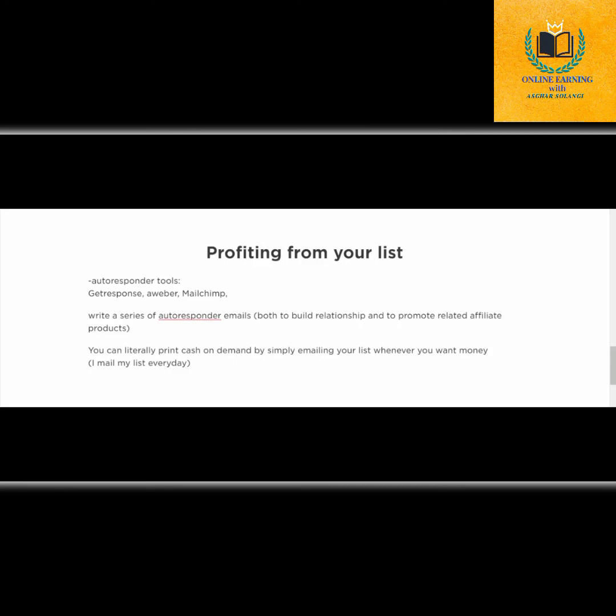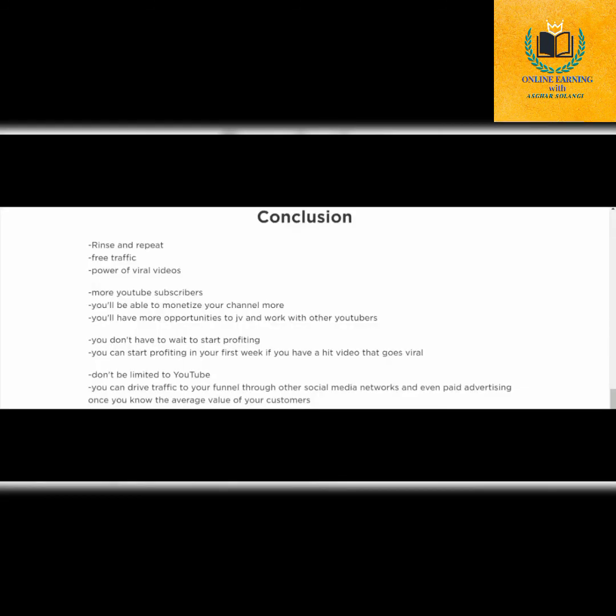These autoresponder emails, you could write 5 of them, 10, or even 30 or more. And you will need an autoresponder such as GetResponse, Aweber, MailChimp, and so on. There are several autoresponder tools in the market. I've been using GetResponse for several years now, so I do highly recommend GetResponse.